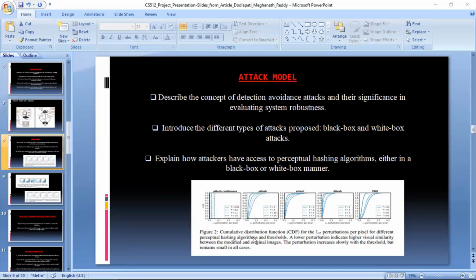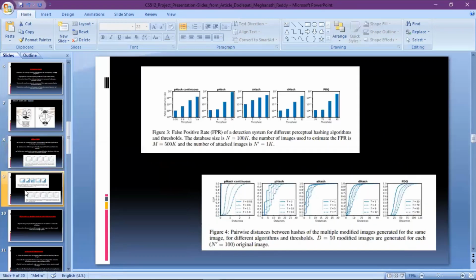We study several mitigation strategies against our attack and show them to be ineffective. First, we observe that a larger threshold slightly reduces the number of modified images that evade detection. But as we show in figure 3, the false positive rates become very large.